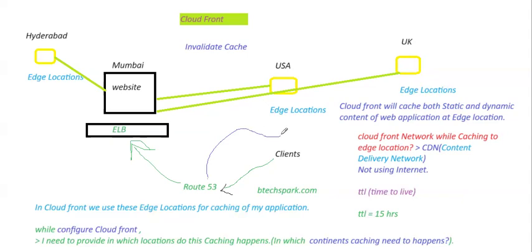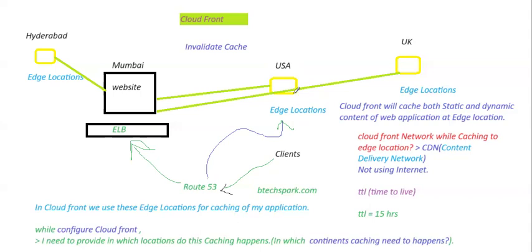After that, it will reach the edge locations. It will reach the edge location which is present at the client's region. Where is the client present? In the USA, right? In this USA region, the request is routed to that particular edge location.